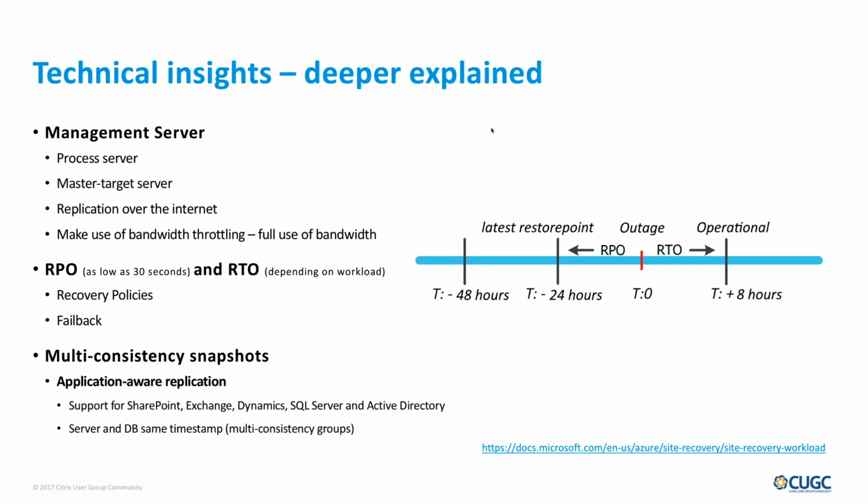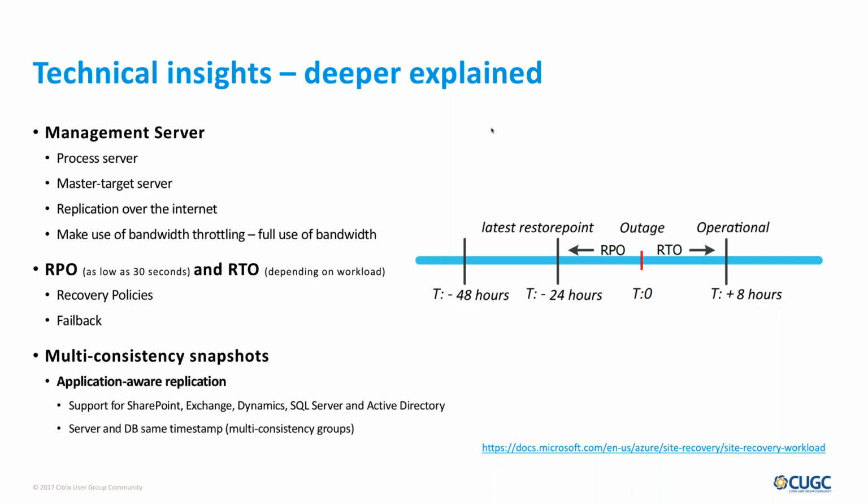Other important notes are RPO and RTO. RPO stands for Recovery Point Objective, and RTO stands for Recovery Time Objective. Recovery Point Objective is the name for the changes between your on-premise environment and your replicated environment.